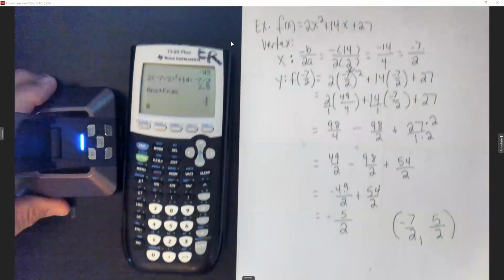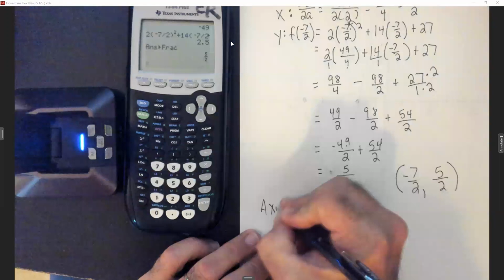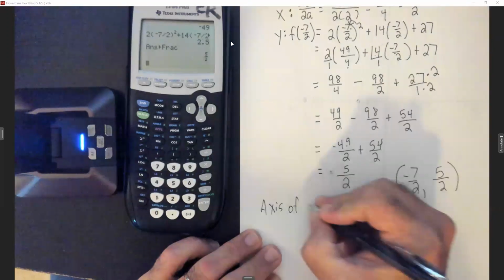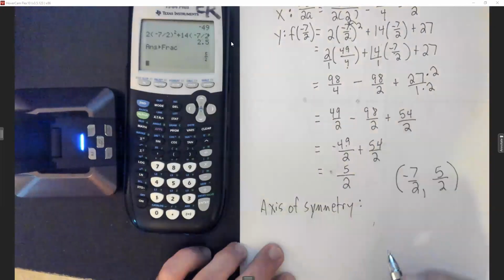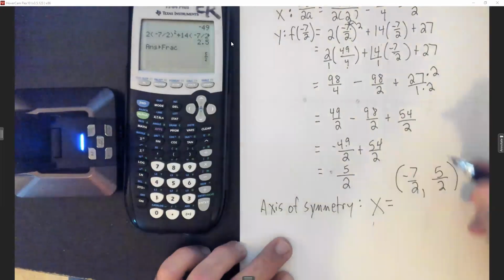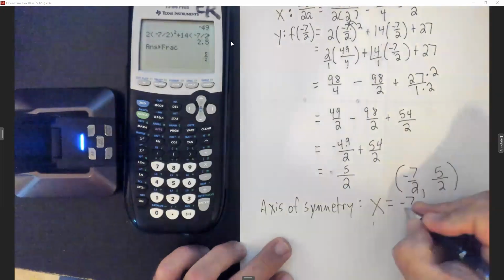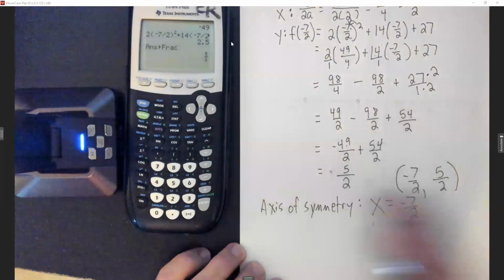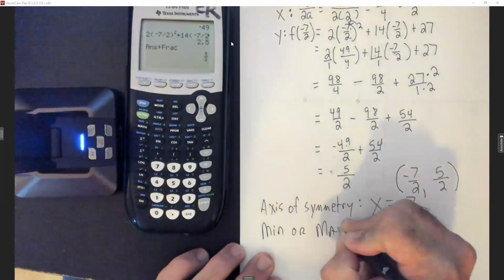All right, so now I can find the axis of symmetry. Because y'all, we've done the work now, so we know the axis of symmetry is always x equals the x value, which is a negative 7 halves. Then I got to figure out, do I have a min or a maximum?